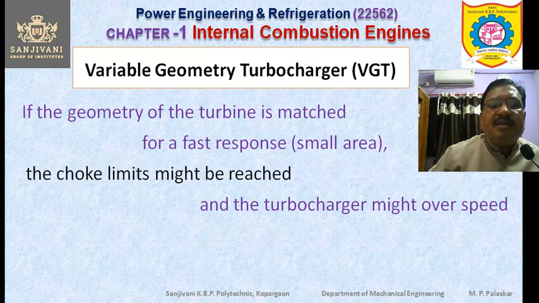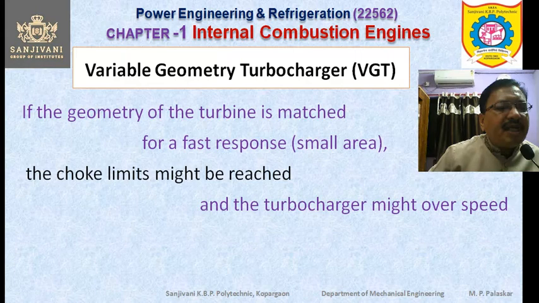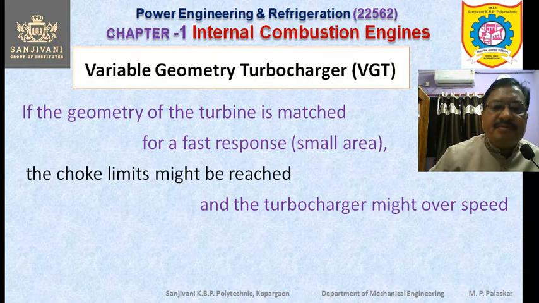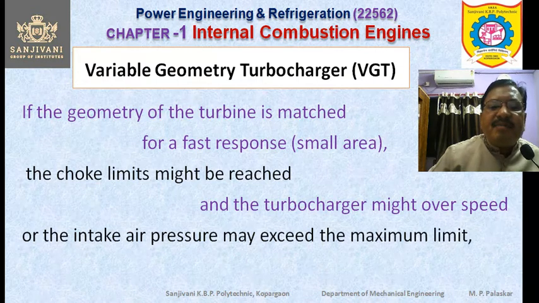Choke limits being reached means choking may take place due to more air entering inside the engine cylinder. The speed of the turbocharger may increase beyond the required limit, and due to this the intake air pressure may exceed the maximum limit.